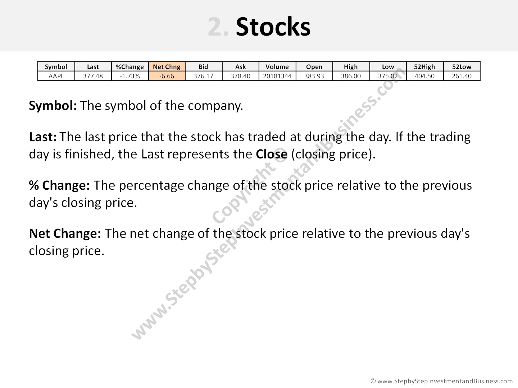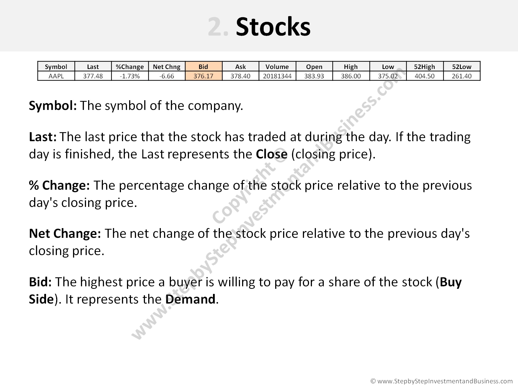So, the percentage previously seen here is expressed in net values. As we can see in the example, the net change is negative 6.66. This value expressed as percentage is precisely minus 1.73%.